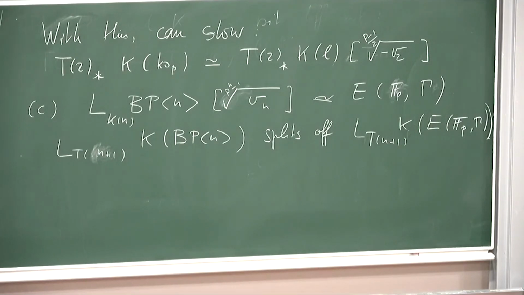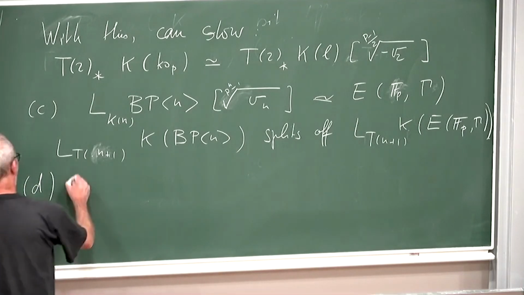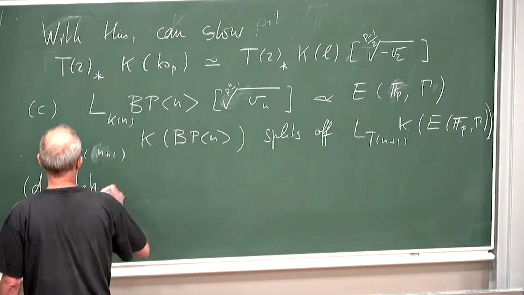And Jeremy Hahn also, in discussion with Robert Burklund, indicated to us how we might also reprove Yuan's theorem.